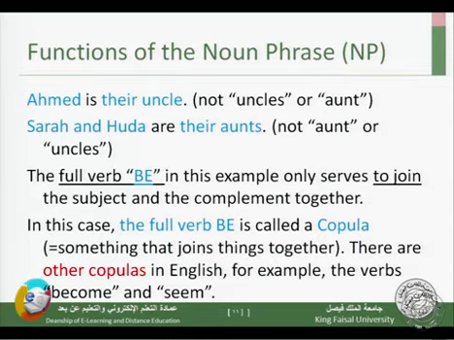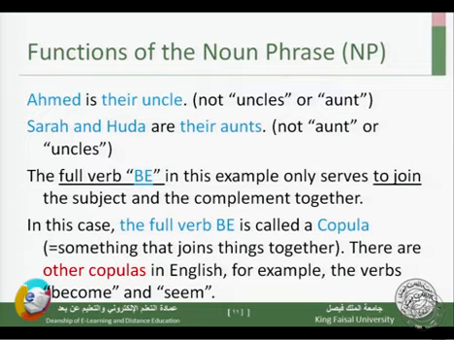It's like a link between them. So in this case we call the verb to be a copula. Copula means something that joins things together, that links things together. So the full verb be, like is, am, are, was, were, is in this case called a copula.